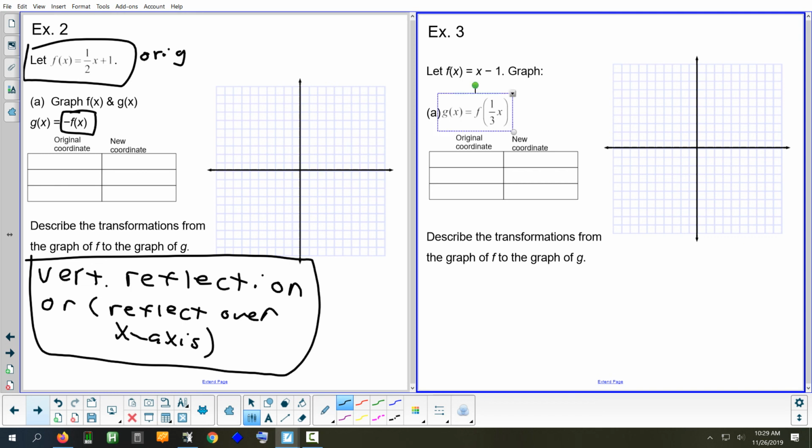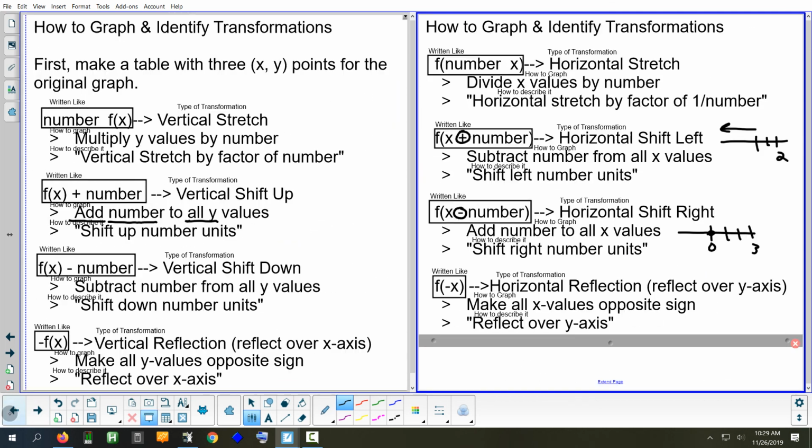You have a number times x, and it's in the parentheses. So go back here. What if you have number times x? Horizontal stretch. Exactly. It's that one right there.